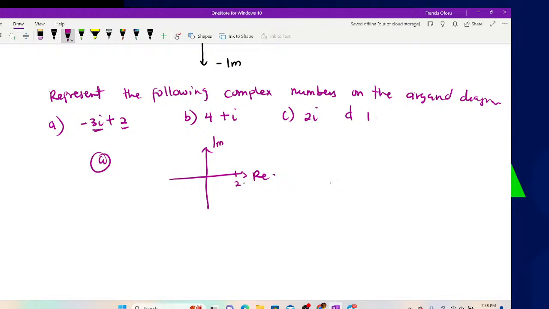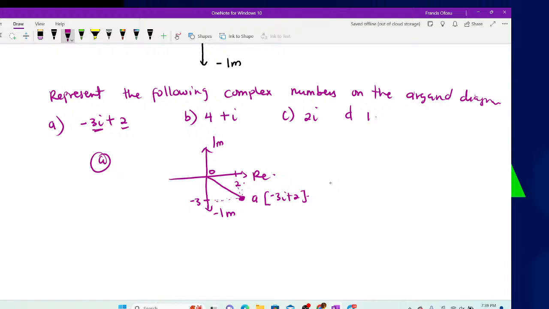Then since here is negative, you know that on the Cartesian plane, negative imaginary will fall down here. So I have my negative 3 somewhere here. So this will come down to meet this, and you draw your complex number here as what? A, which is -3i plus 2. So this is how we do it. So this is the meeting point, and you draw it from the origin O. So our complex number A has been represented in this form, as A.